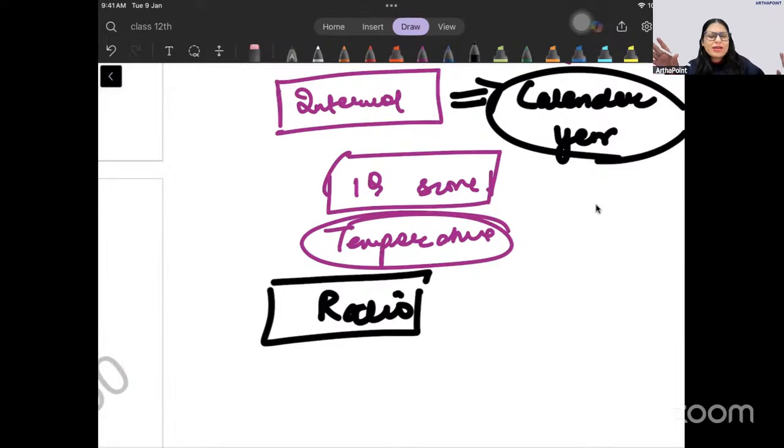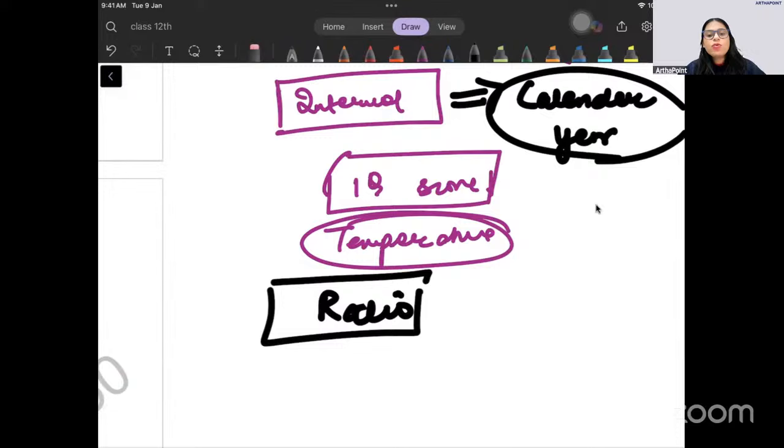There is no real starting point, right? That starting point zero is arbitrary. I can start from 2025 and go till 2027. I can start from 1993 and go till 2027. I can start from 1987 and go till 2027. That means the zero is arbitrary. I am choosing from what to what.